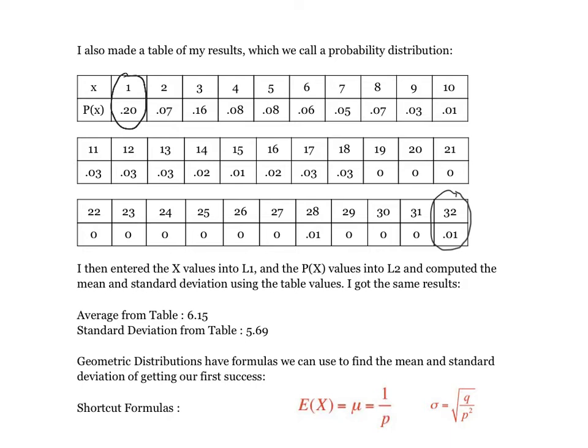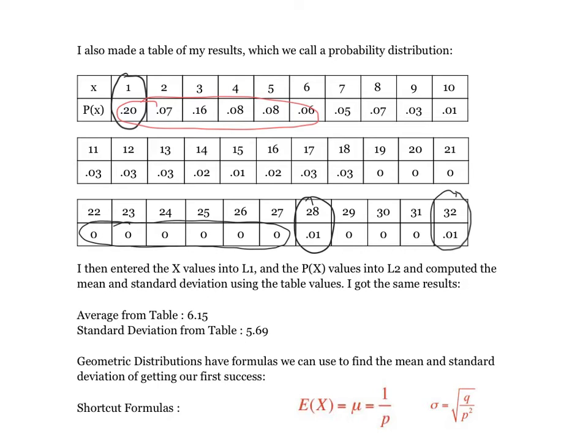And you can see there's a bunch where it never took me 22, 23, 24, 25, 26, or 27 rolls. One time it took me 28, et cetera. You can see the probabilities are pretty high at the beginning, and then as you move to the right on the table, they get less and less, and that's because it was skewed right.